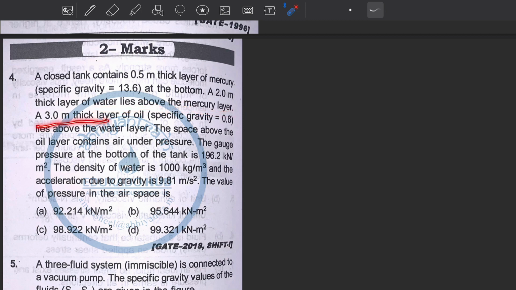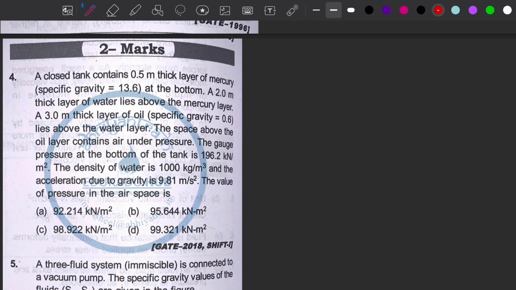A 3-meter thick layer of oil, specific gravity 0.6, lies above the water layer. The space above the oil layer contains air under pressure. The gauge pressure at the bottom of the tank is this much. The density of water is this much, and acceleration due to gravity is this. Value of pressure in the airspace.